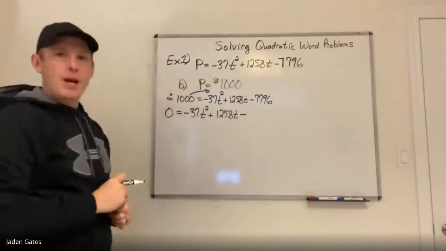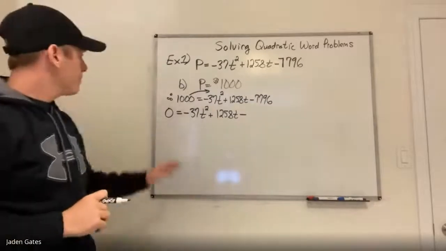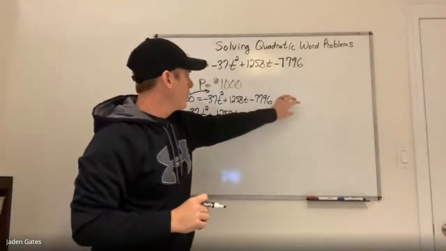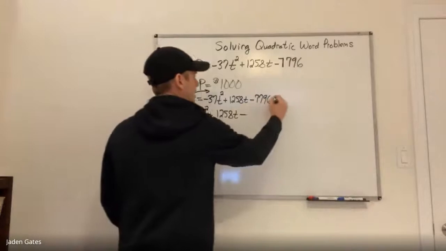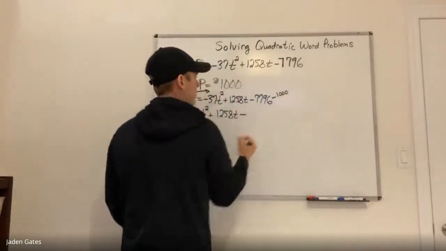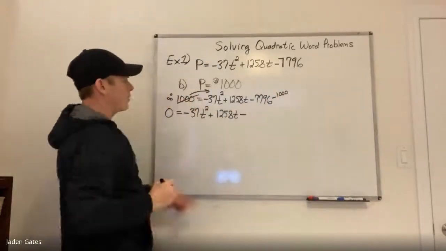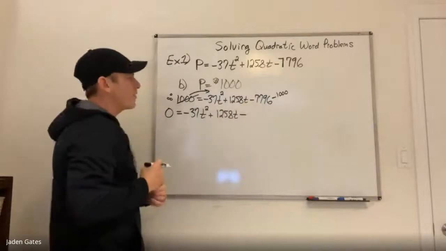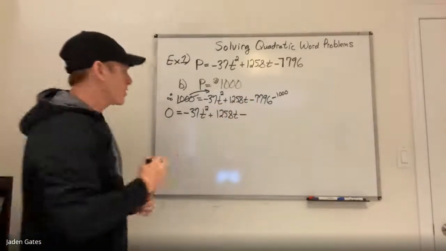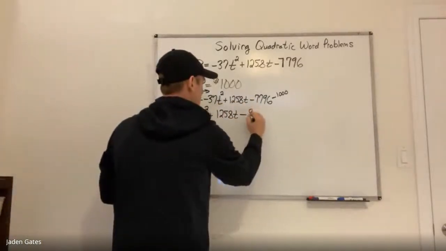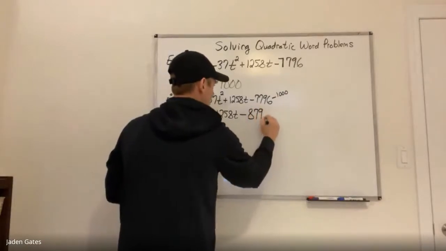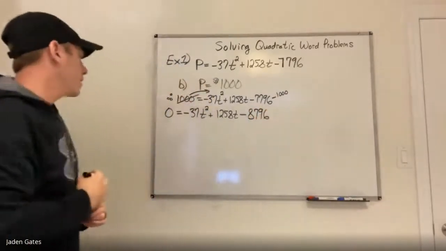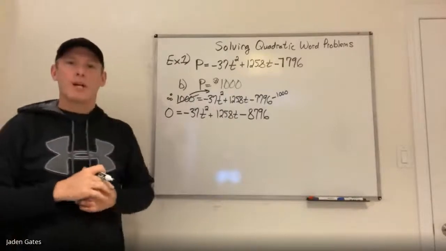Now, I'm going to skip a step here because I'm going to need the room on my whiteboard. If I'm moving 1,000 over, it's going to become minus 1,000, right? So cross that out. So instead of minus 7,796, I'm going to have minus 8,796.